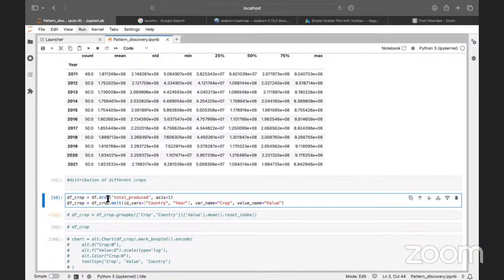Please, if you're still learning, still at the stage of getting acquainted with stuff, it's very okay to go to the documentation and check out stuff so that you get an understanding.